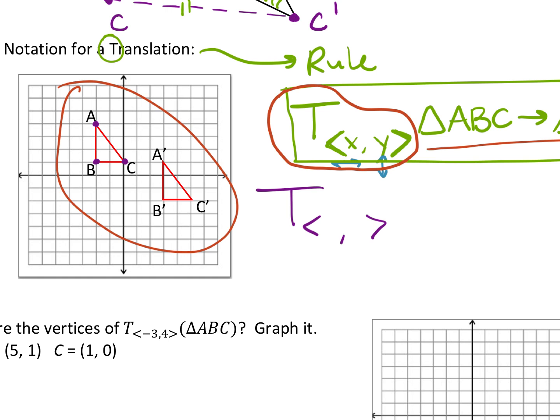If I start at C, I move to C prime, okay? It's really tempting to start here and then people just stop here because it was the closest point. Don't do that, okay? If you're going to start at C, go to C prime. Is it 5, -3? 1, 2, 3, 4, 5 to the right, and 1, 2, 3 down.